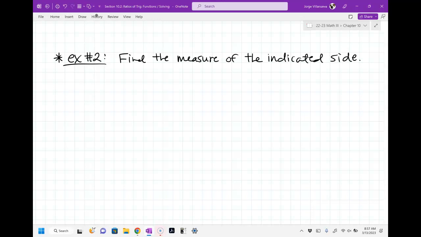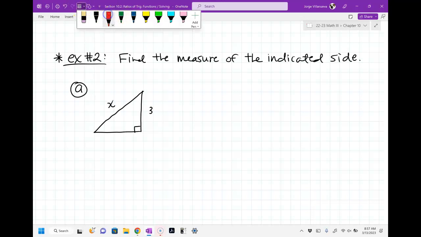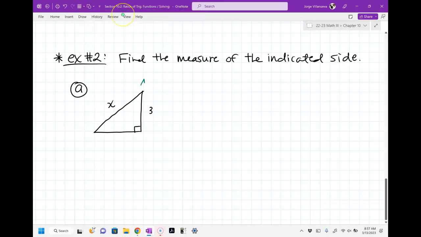All right, so here we go, part A. Here's our first triangle, x, 3. Now this is going to have something that we haven't seen yet, and I'm going to put them in a different color here. They're putting vertex names.